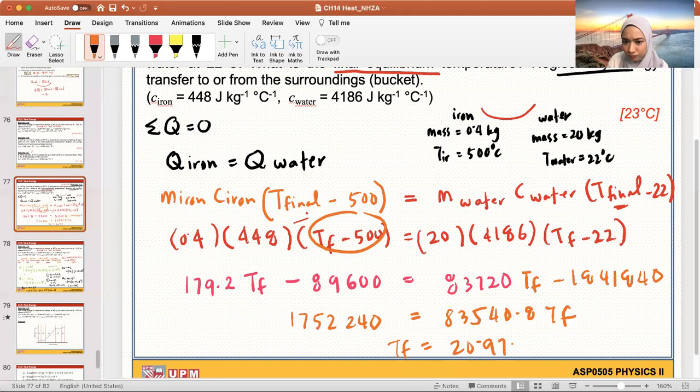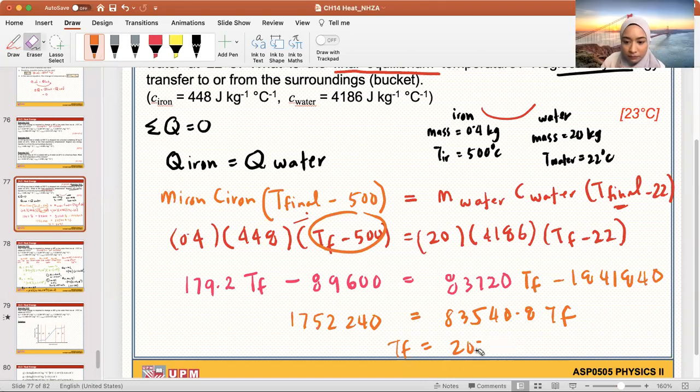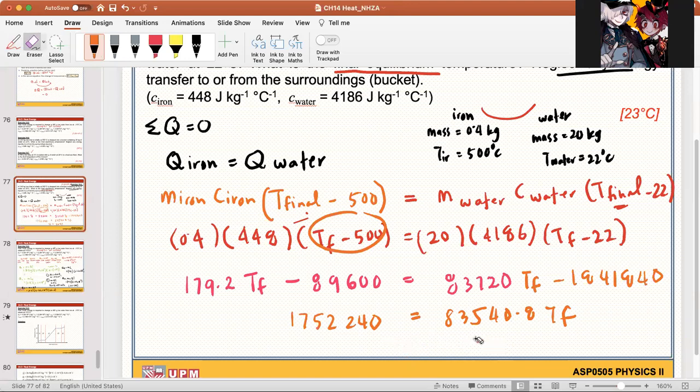20.97. That's wrong. Sebab kita tahu kita punya temperature of water will increase. We need to make the Q iron into negative, so it will change the sign. Either we make it negative or we change T500 minus TF. Both can.